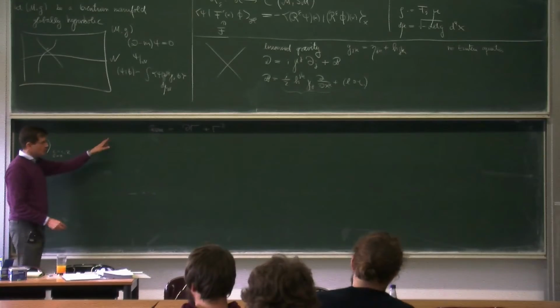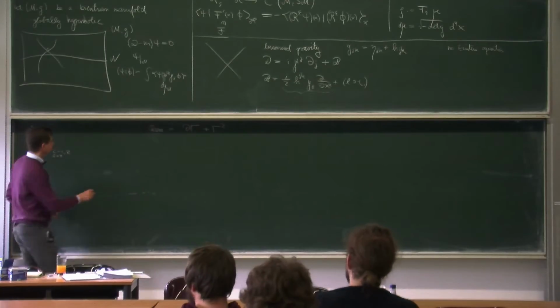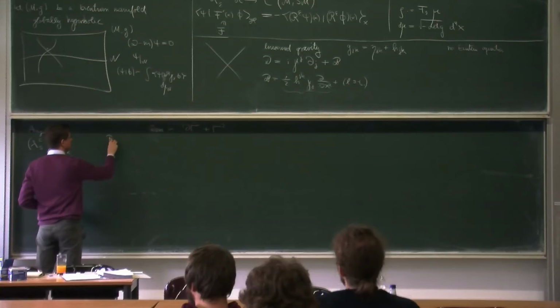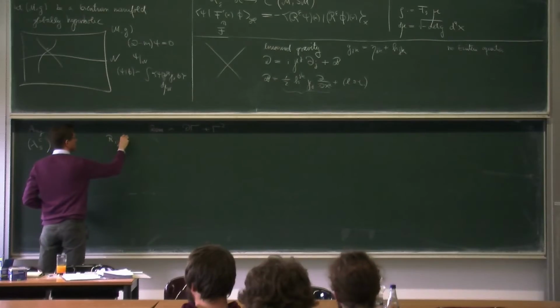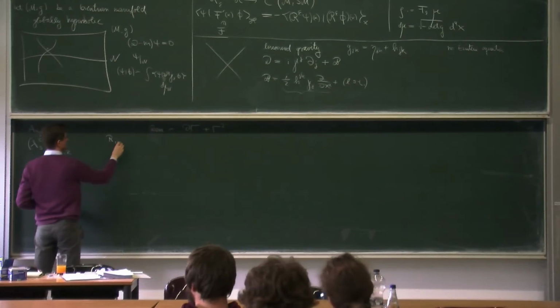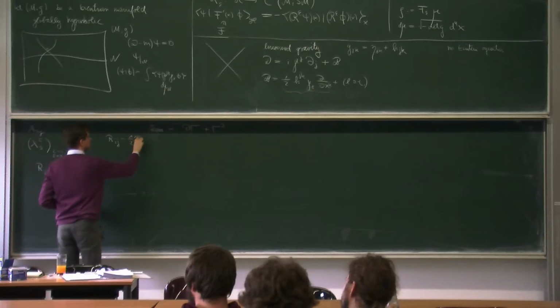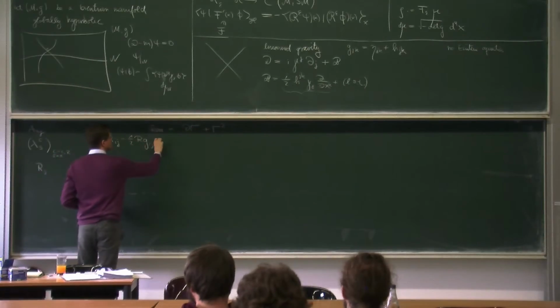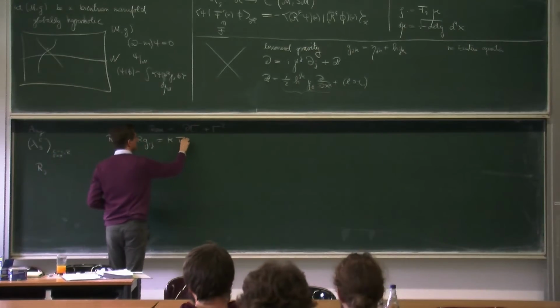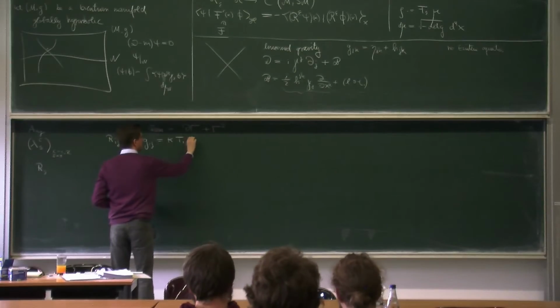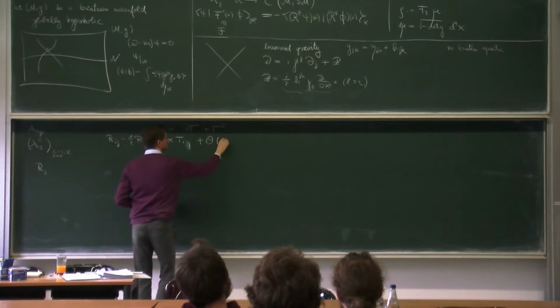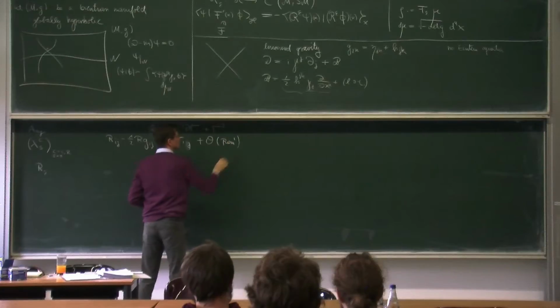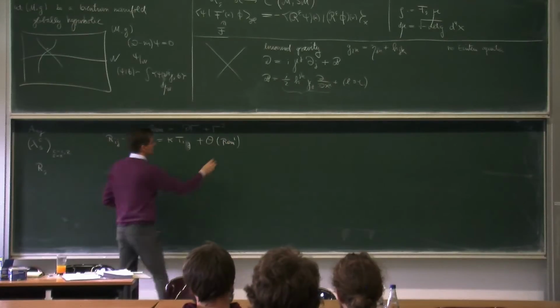And then one can also think of how these correction terms look. I wanted to say this later, but since we are talking about this, suppose we have the Einstein equations, R_ij minus 1/2 R g_ij equals kappa times T_ij, plus higher orders in the Riemann tensor, something like Riemann squared.